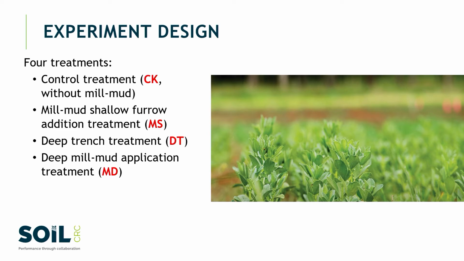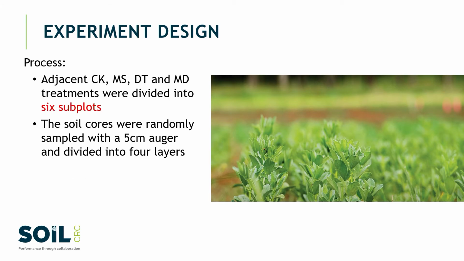The third treatment is called the deep trench treatment, where we cut the soil about 25 to 40 centimeter depth. And the fourth treatment is the deep mill mud application, where after we cut the soil deep, we put the mill mud at around 25 centimeter depth.